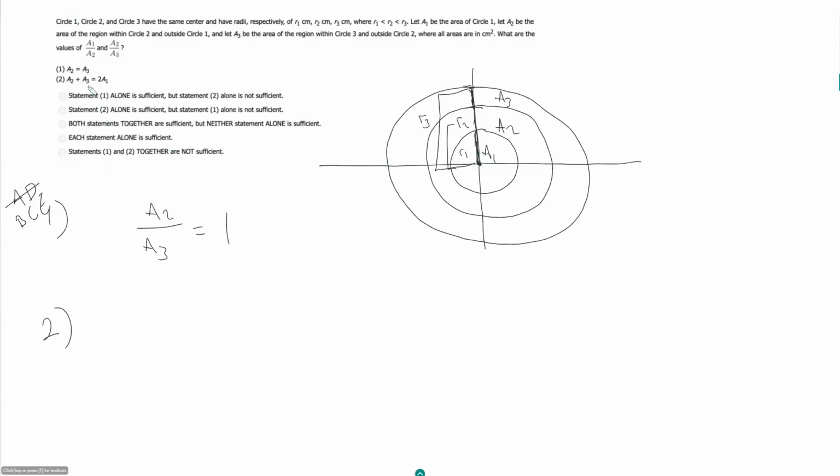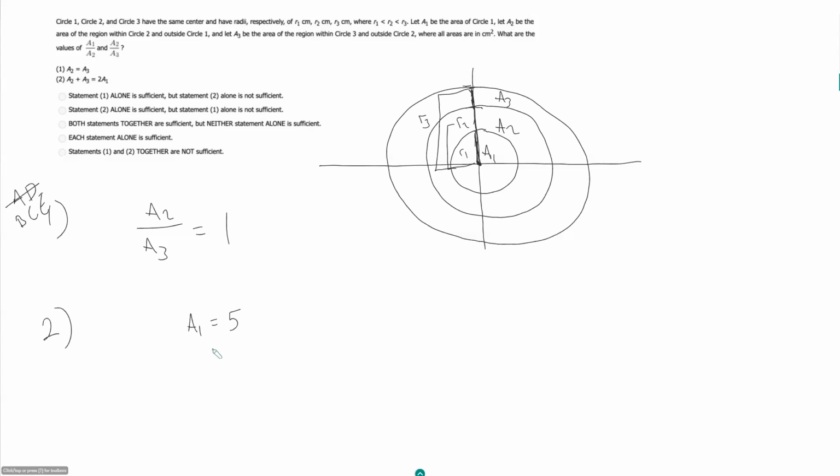Statement 2 says A2 plus A3 is equal to 2 times A1. Okay, so how does this help us at all? So let's say A1 has an area of 5. A2 plus A3 would have an area of 10.